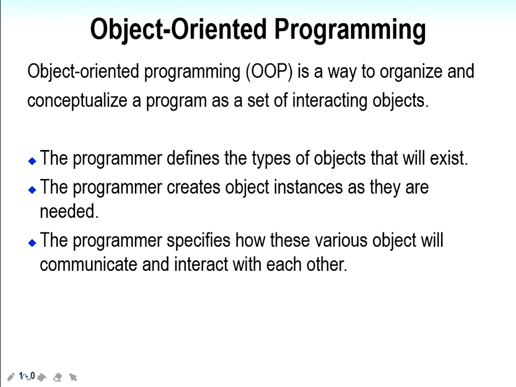They may communicate through message passing, through functions, through object linking. How do they communicate? I as a programmer have to decide these things also. Now, I hope you have understood these three things.